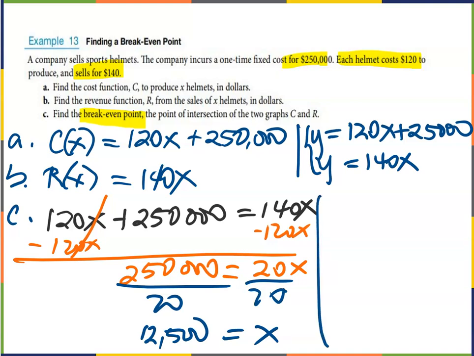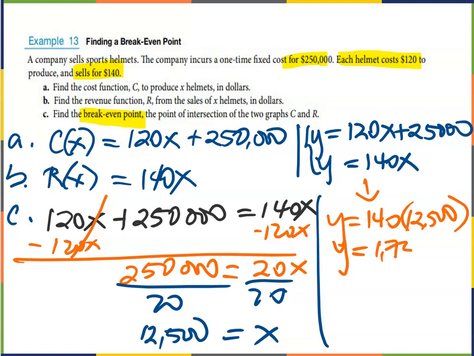And then we can solve for y. So from here, let's use the second equation. So y equals 140 times your x, 12,500. And when you multiply this, it is 1,750,000.